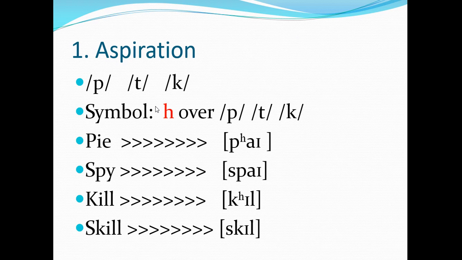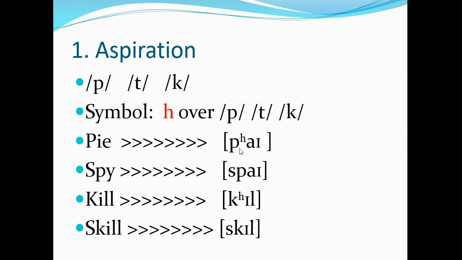You can see here some examples: pie, spy, kill, skill. I'm going to repeat that rule, okay? A voiceless stop becomes aspirated when it occurs word initially or syllable initially before a stressed vowel.